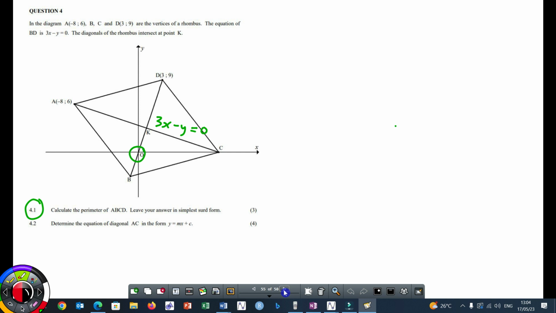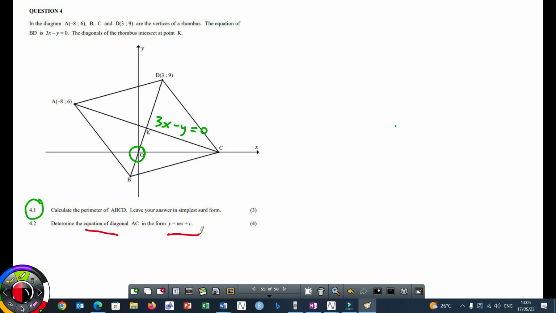Determine the equation of a diagonal AC in the form y equal to mx plus c. Now we want to find the equation, and here, in what form? A straight line. If you want to calculate a straight line, what are you supposed to have first in order to determine the equation of a straight line? The gradient.